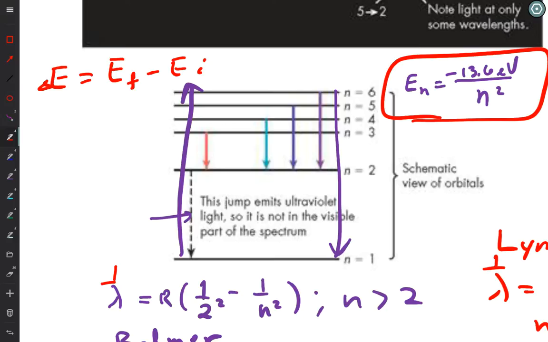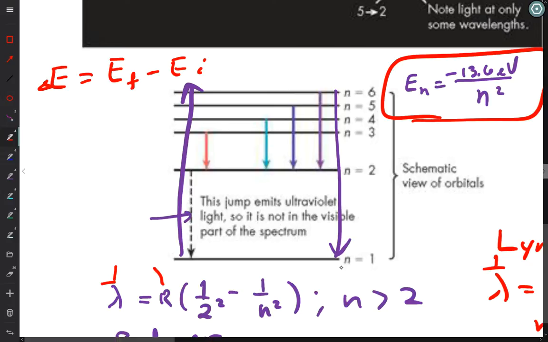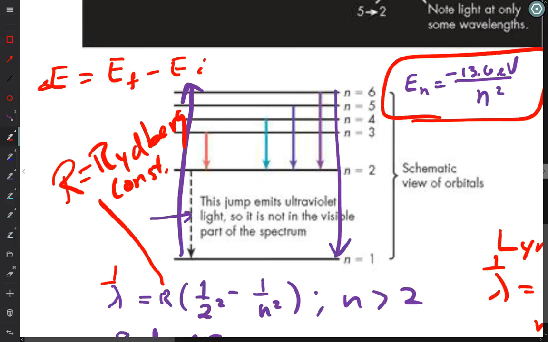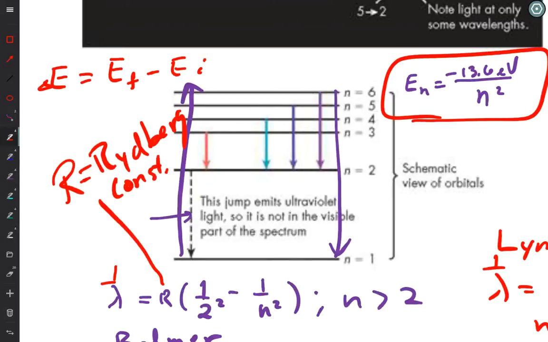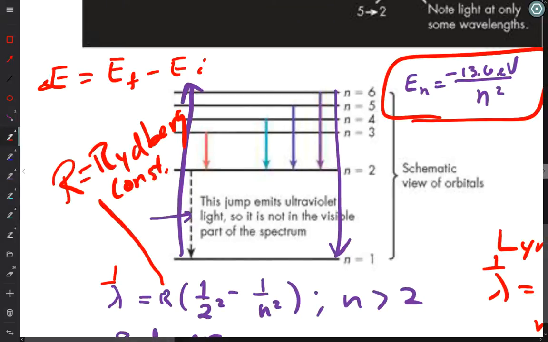Max has a question. Is that an R before the parentheses? Yes, that R stands for the Rydberg constant, which I'm not even going to worry about the value of. It's just a constant. Using this equation here, you can say HC over lambda is equal to minus, and this last part is substituting in.